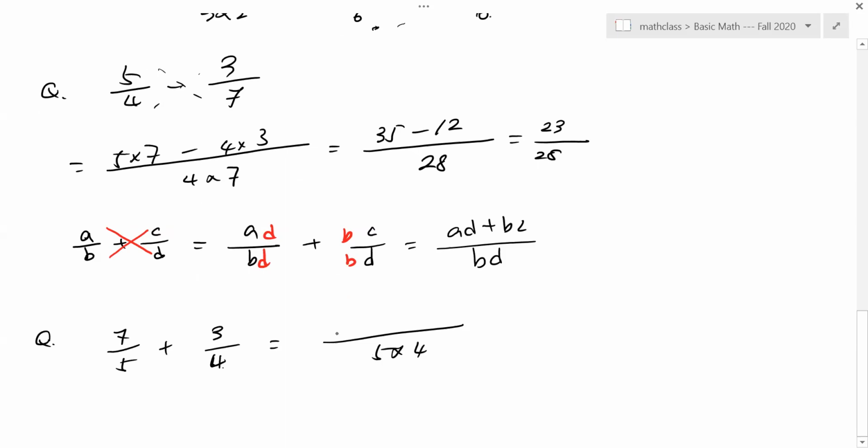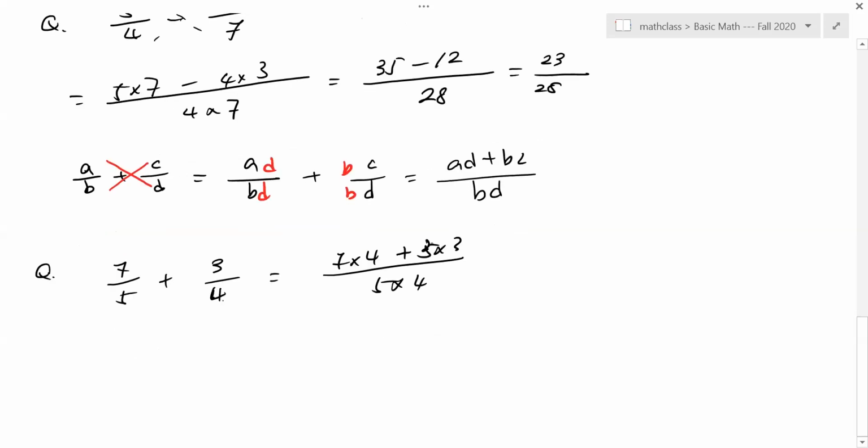The numerator is the cross product, 7 times 4 plus 5 times 3. All right, and then you have 28 plus 15 over 20. Okay, 28 plus 15, so we will get 43 over 20.